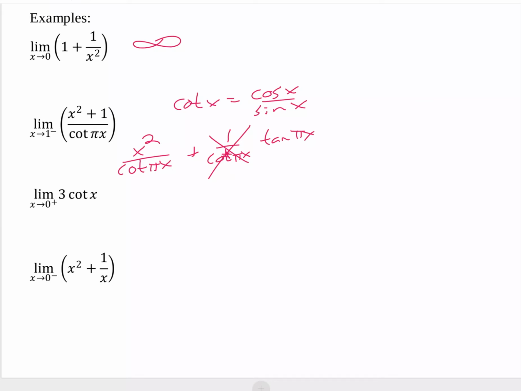Cosine over sine, we just talked about it. Is it infinity or negative infinity? If it's 1 on the top, it's positive infinity.